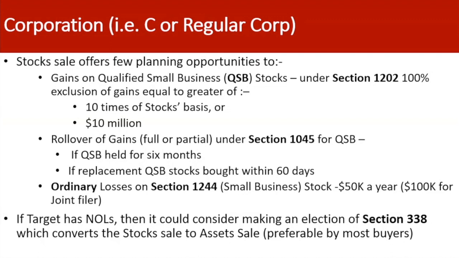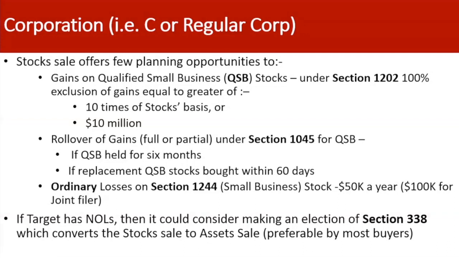Any other question? So we are talking here about small business benefits. So what really qualifies as a small business? Yeah, there are a few requirements. One of the requirements is that the stock needs to be held for 5 years. So if you start a company today, you cannot take advantage of this if you sell the stock after 2 years.